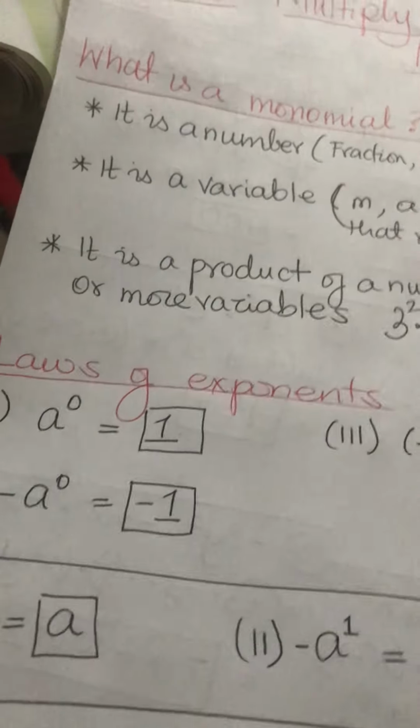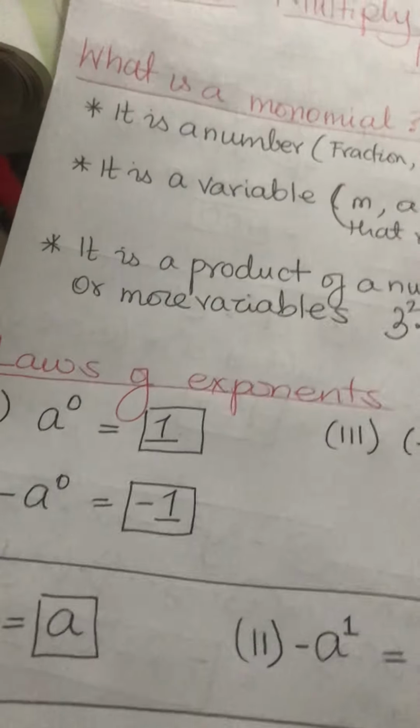So the first thing you need to understand is that when your base is positive, whether it is a letter, a whole number, a fraction or a decimal, as long as it is positive and the exponent is 0, then the answer will always be 1.